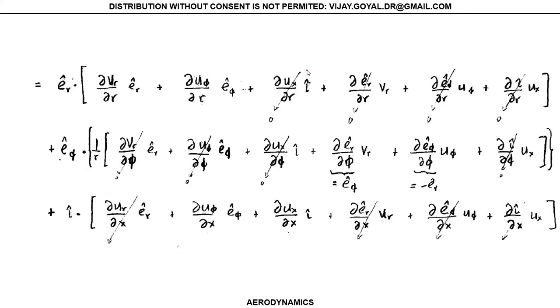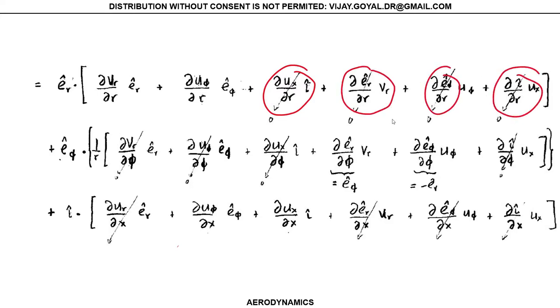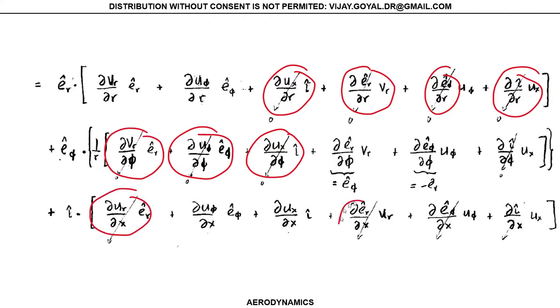You can see that this term is 0, this is 0, this is 0, this term is 0, this goes to 0, but this is not a function of phi. And so you can show that all these terms go to 0 and the other ones have an answer, right? So all these are 0, and you know that this is actually equal to E phi. This has come from our standard derivation in class.